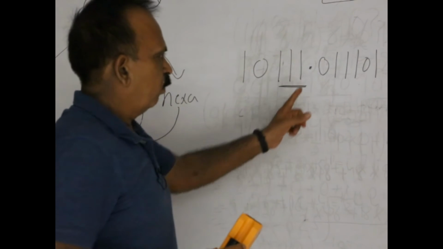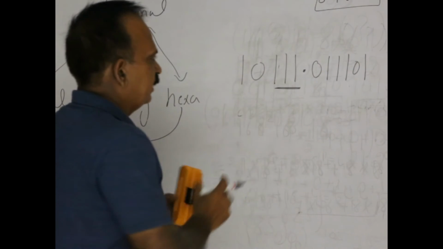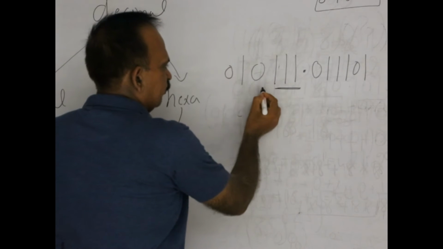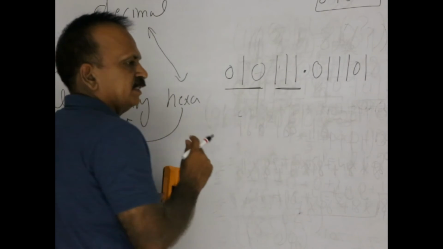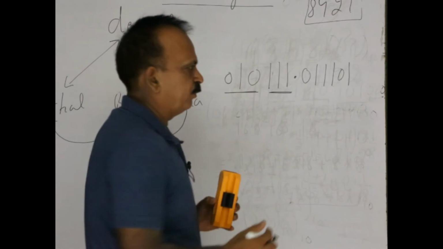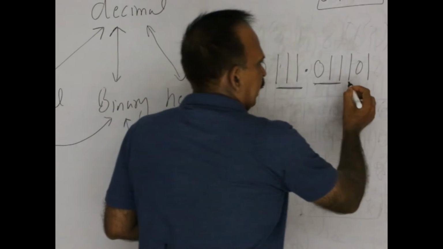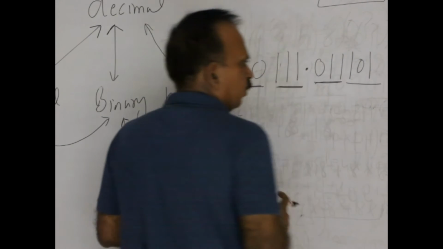So say 111. The next has only 2 digits, so I can write 0 here, and it will be 0, 1, 0. Similarly, on the other side of the decimal point, the 3-bit combinations will be 0, 1, 1 and 1, 0, 1.